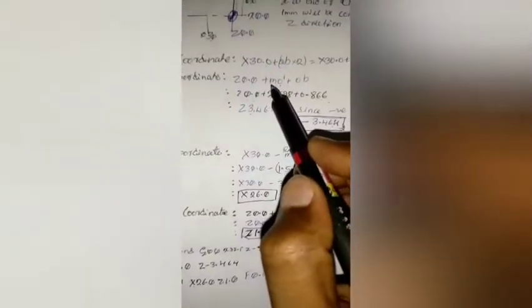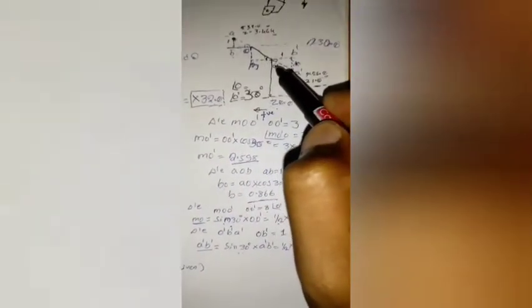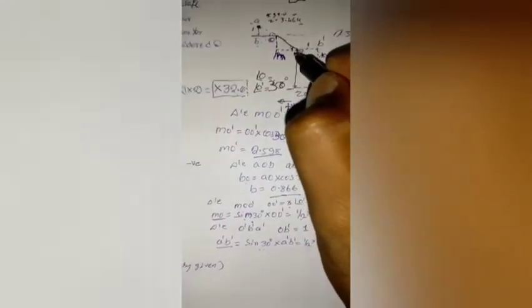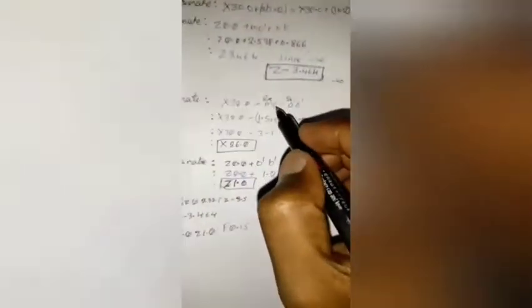So I'll write this equation: z 0.0 plus MO dash, plus O dash B dash. MO dash is a horizontal component.